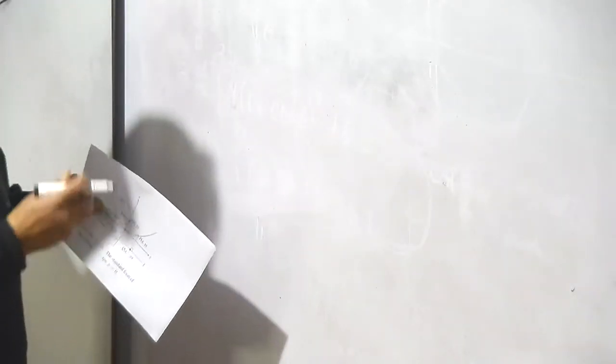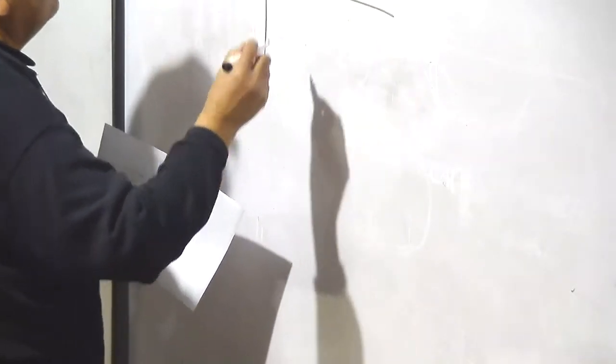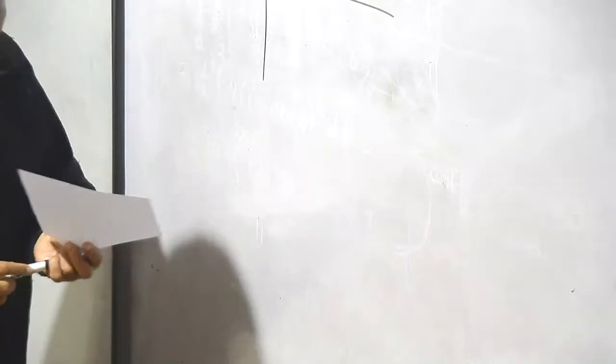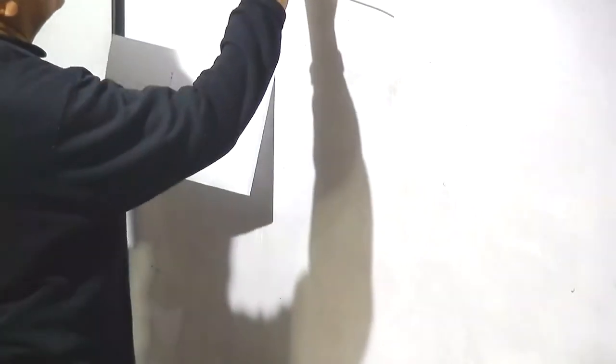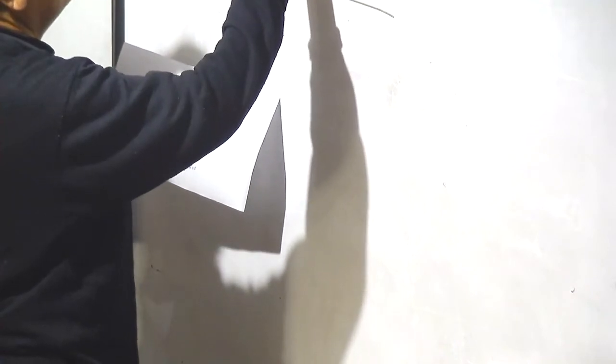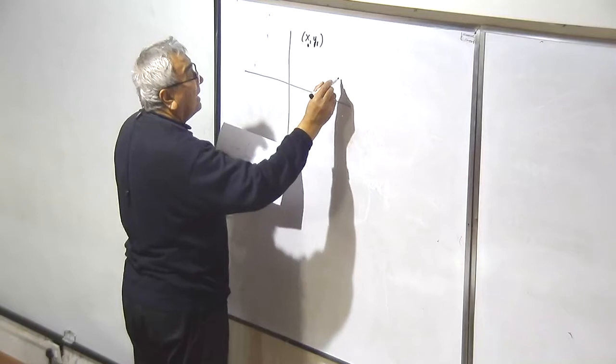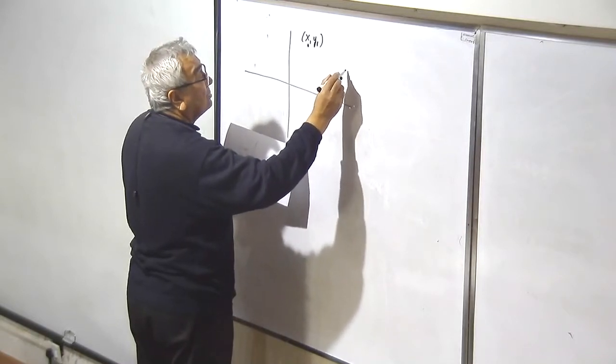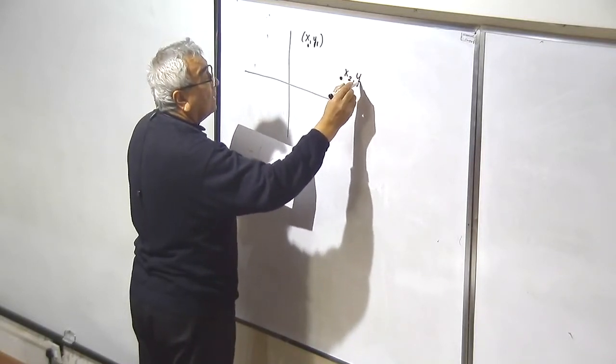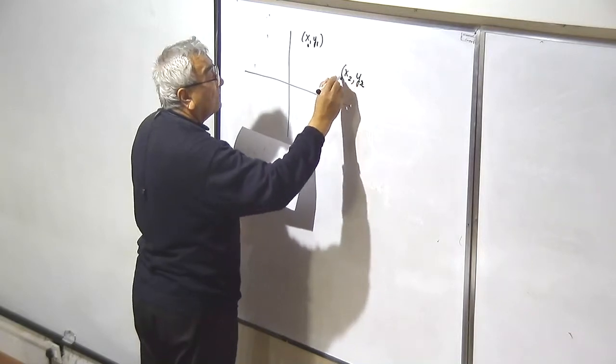How to define the distance between two points in the x, y coordinate system. I remind you: we have one point defined as x1, y1, and another point x2, y2.